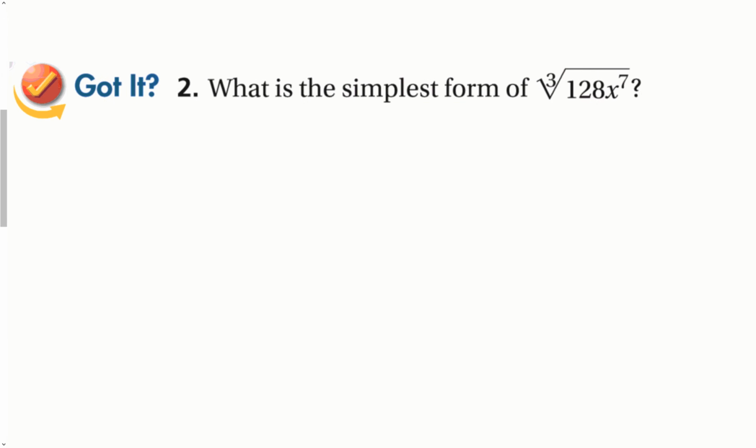Let's try that again. 128. Well, 4 to the 3rd power is 64, and 64 times 2 is 128. So we're going to turn this into 64 times 2. I don't need to bring this all the way down to the 3rd power. I just need something that's divisible by 3. So it's x to the 6th and one more.